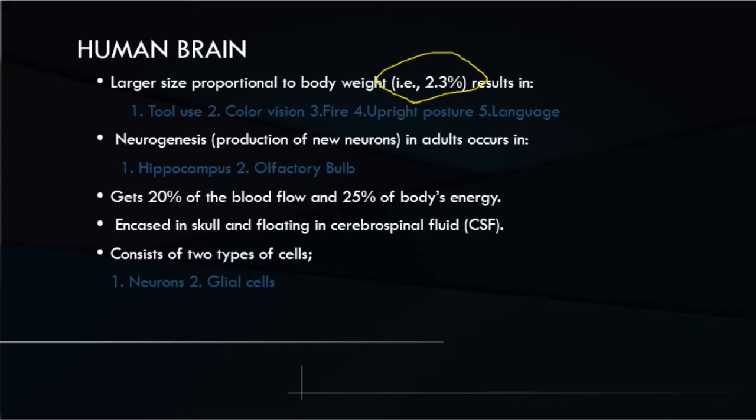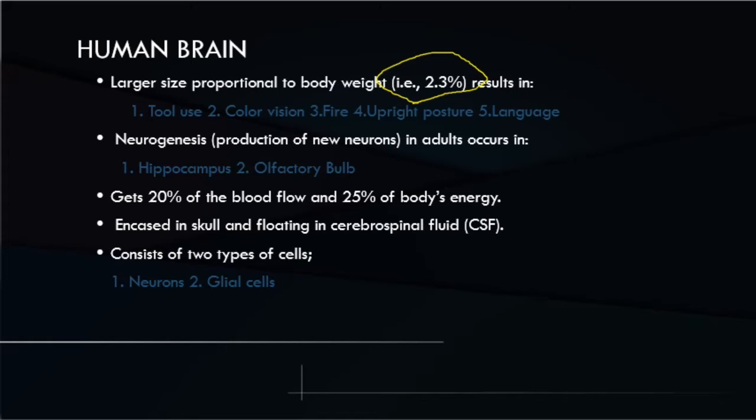Neurogenesis means production of new neurons. Since we're born until I think the age of 25, our brain is not fully developed. So your brains are still changing until you're 25, unless you're past 25. But when we say adult, we're talking about after 25.